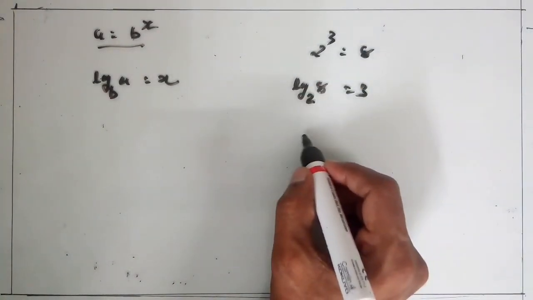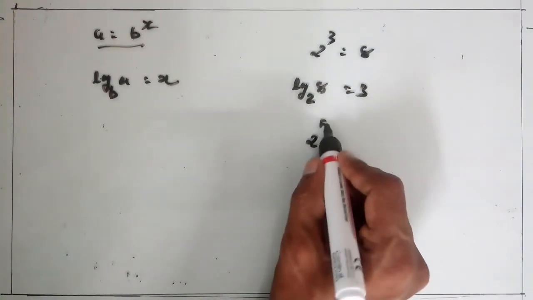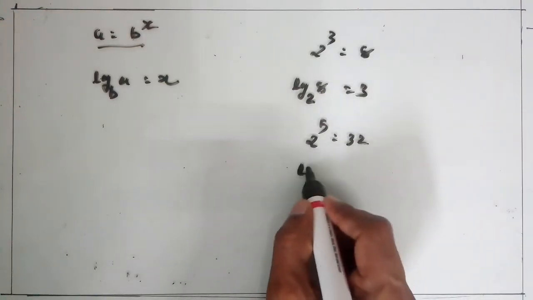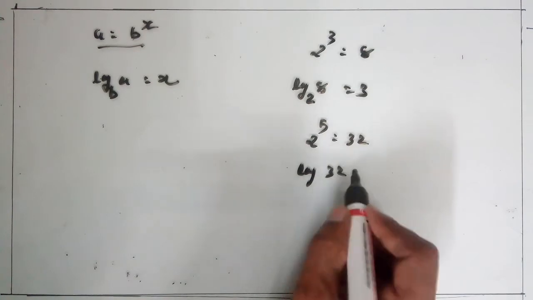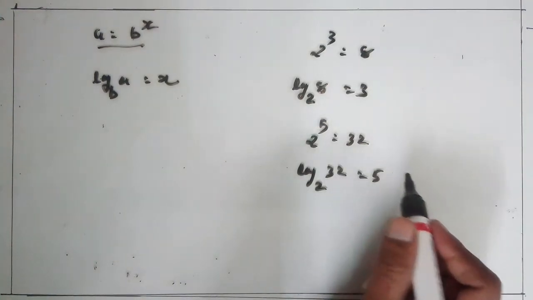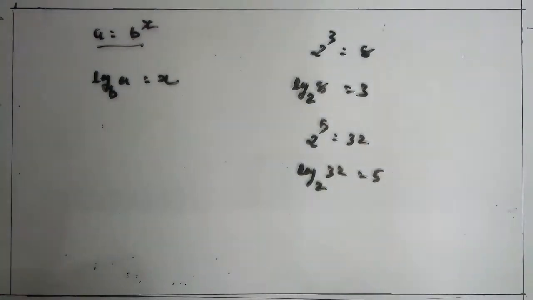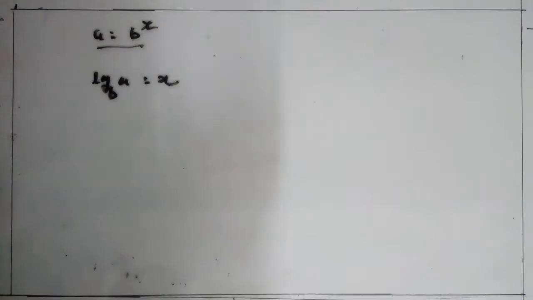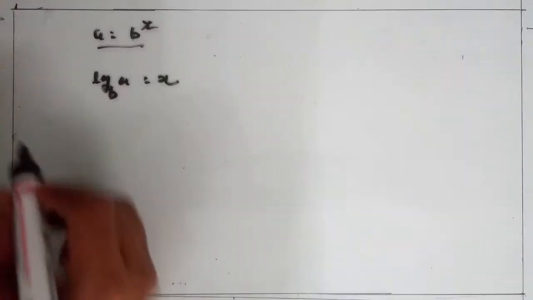Clear? Similarly, 2^5 = 32, so log of 32 base 2 is equal to 5. Is it clear? Now we discuss the properties of the logarithm function.